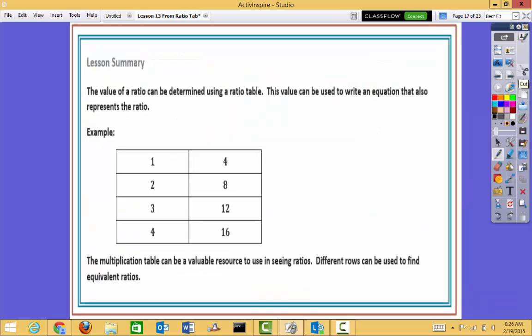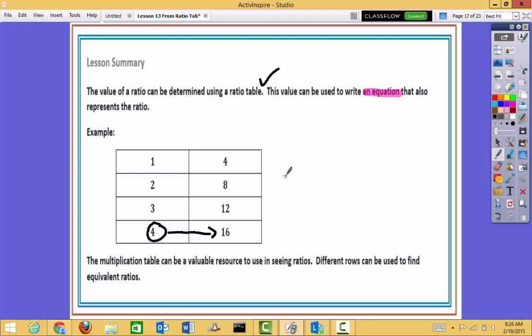Okay, so here's our lesson summary. The value of a ratio can be determined using a ratio table. Done that. Piece of cake. This value can be used to write an equation that also represents a ratio. So that's what we've been looking at. How do we go from here to here and then write an equation with that?